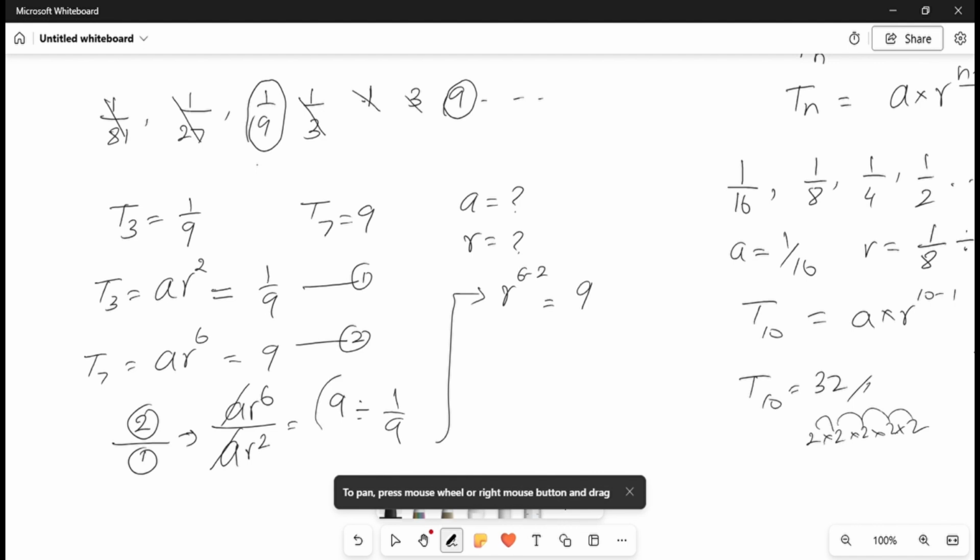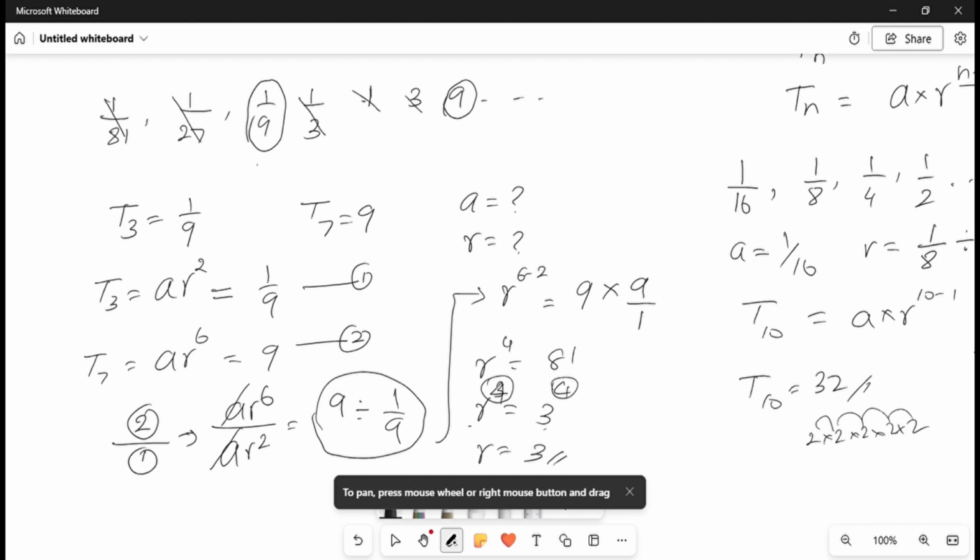This part I am doing now here. 9 multiplication 9 over 1. 6 minus 2 is R to the power 4 is 81. You know 81 is 3 to the power 4. So the powers being equal, the bases are equal. So R equal 3.